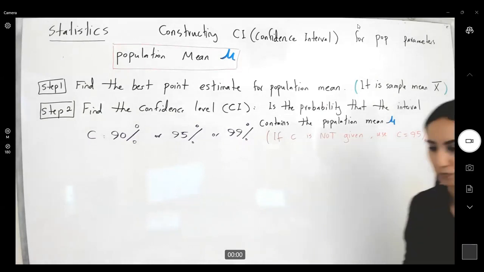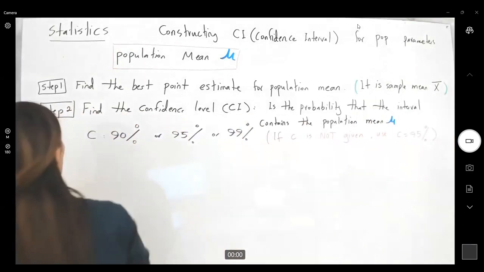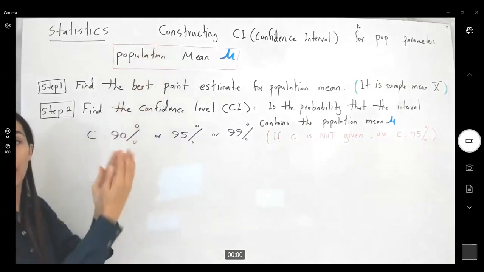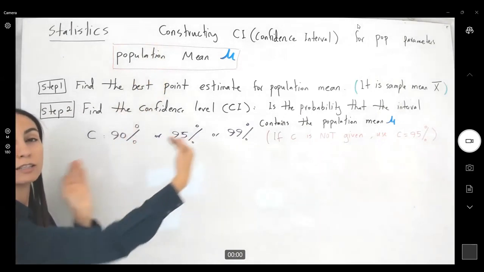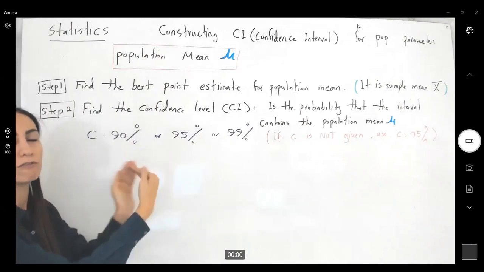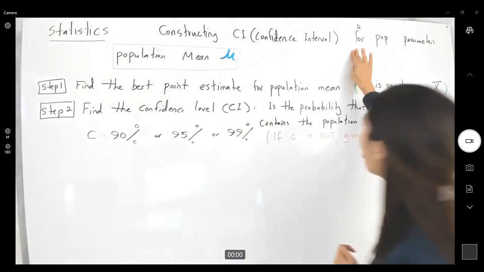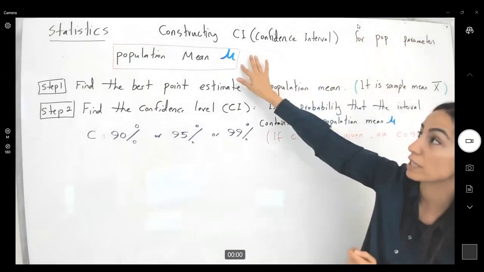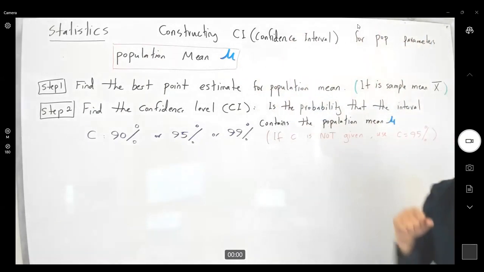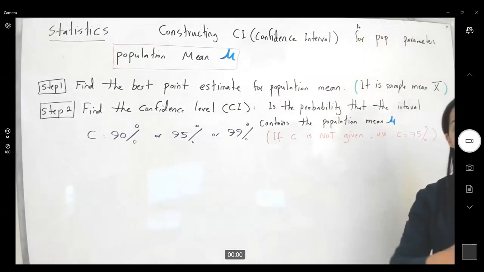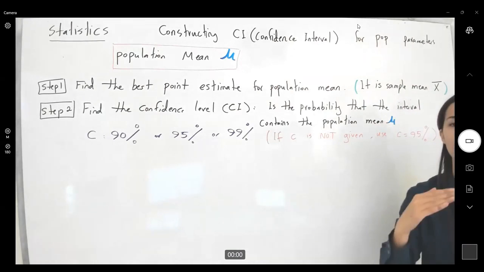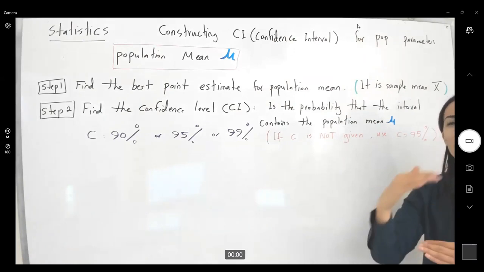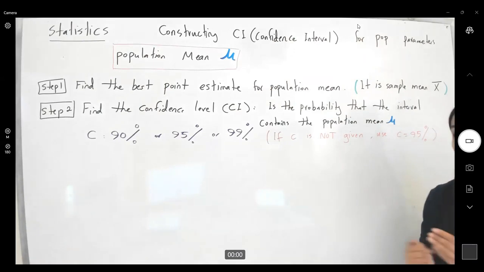So again, what is our goal? Our goal is to construct an interval containing possible values close to the population parameter, which in this case is population mean mu. So we have to follow some steps. These steps are very important. You need to follow these steps to make sure you have a correct confidence interval.